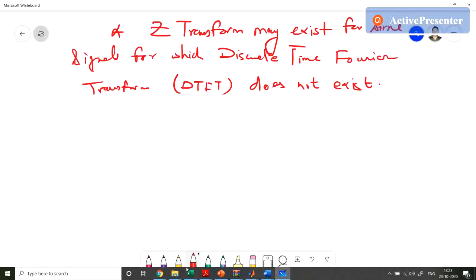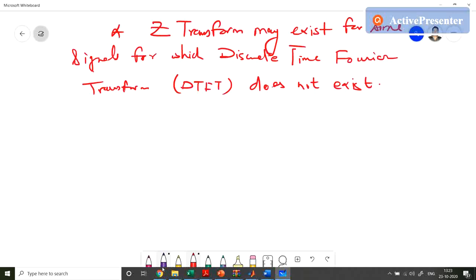Now let us discuss the concept of the Z transform and also the inverse Z transform, and how the concept of the Z transform is related to the Fourier transform.